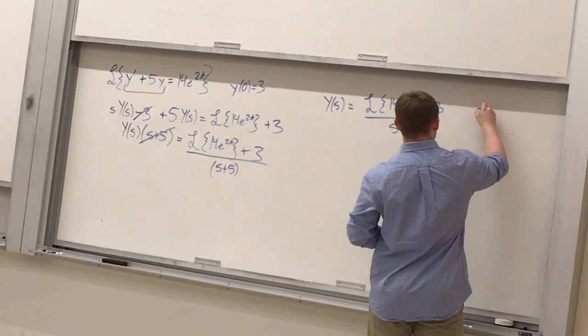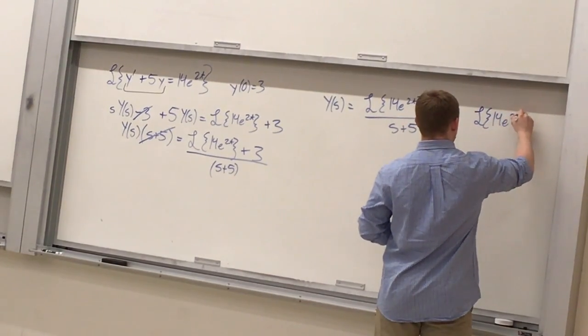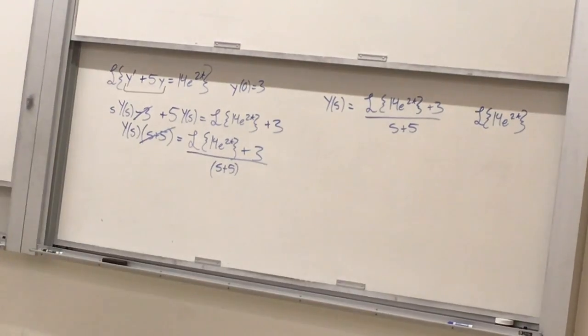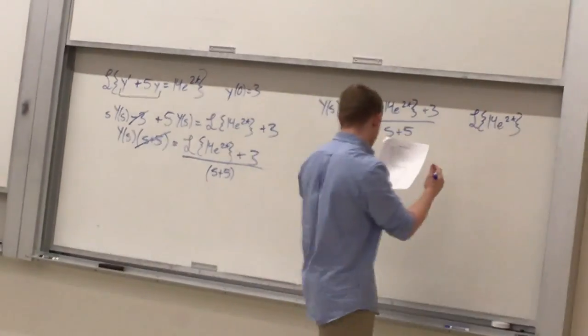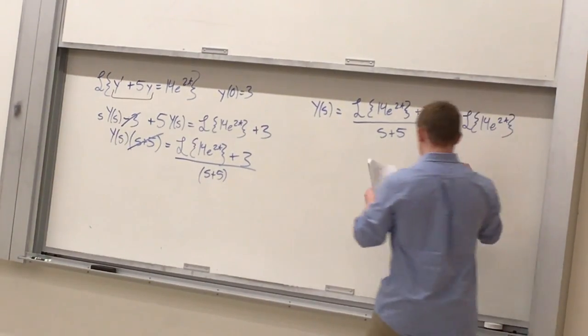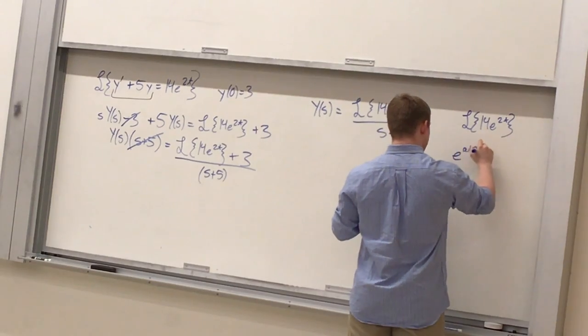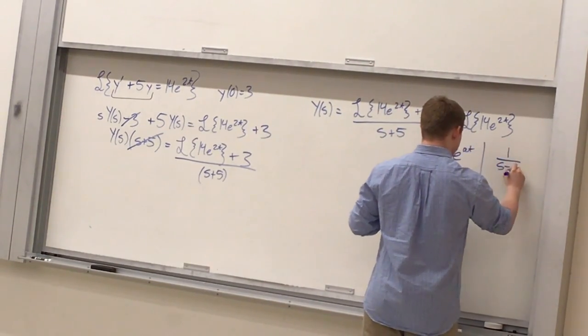If I want to take the Laplace of 14e to the 2t, for that I can look at the transform table that they give me. And what it says on the table is, if we have something in the form of e to the at, that turns into 1 over s minus a.